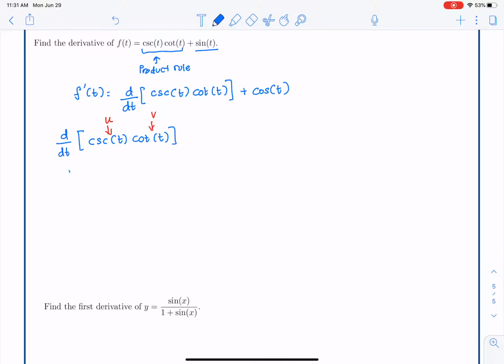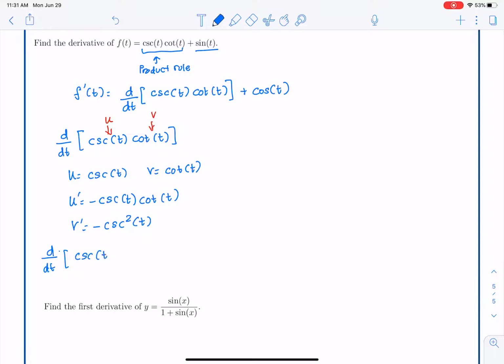We know the derivative of cosecant t is negative cosecant t times cotangent t. The derivative of cotangent t is negative cosecant squared t. So we have d over dt of cosecant t times cotangent t is equal to u v prime plus v u prime.